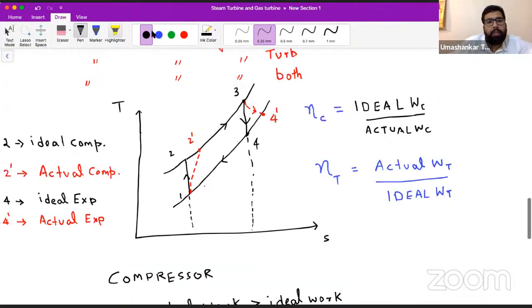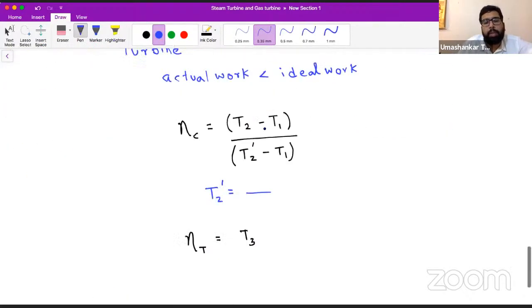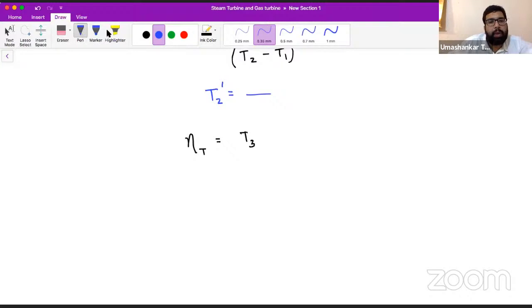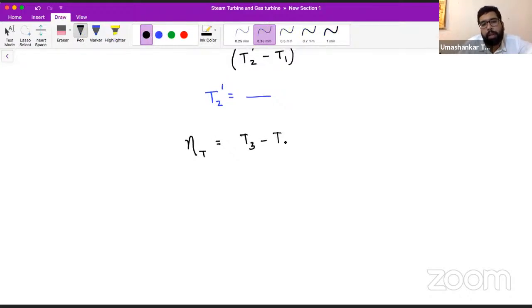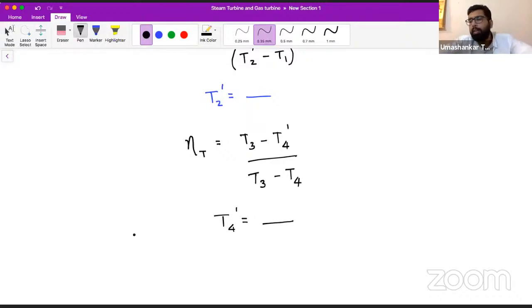Actually we are getting from T3 to T4 dash. So it will be actual, and ideally what we needed to get is T3 minus T4. So from here generally you are required to find the value of this T4 dash and proceed in the question.